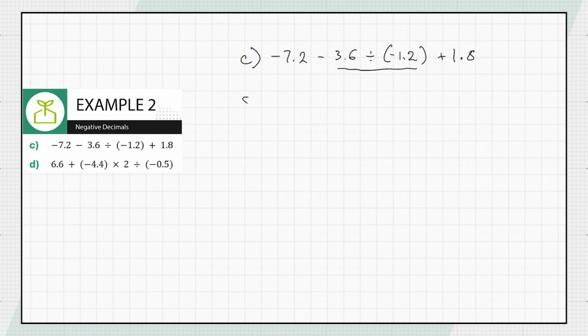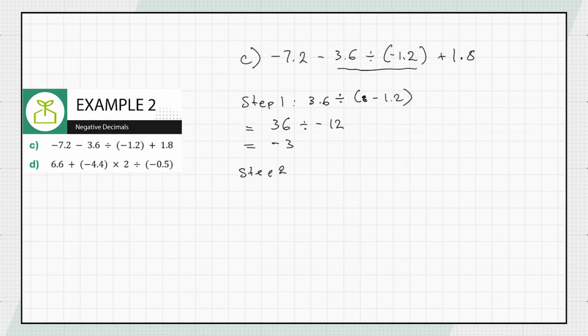So let's get started with step 1. We can do 3.6 divided by minus 1.2. Alright, this is the same as 36 divided by negative 12, which is just going to be negative 3.